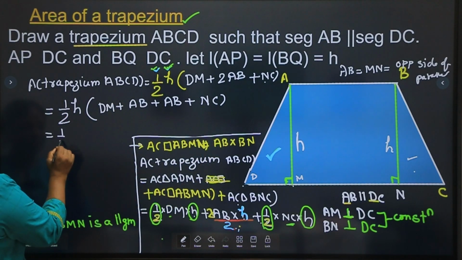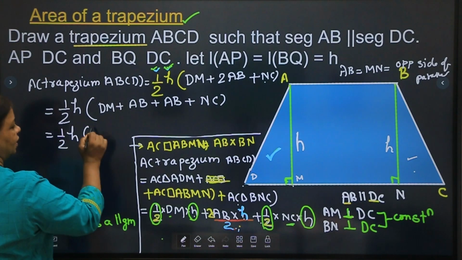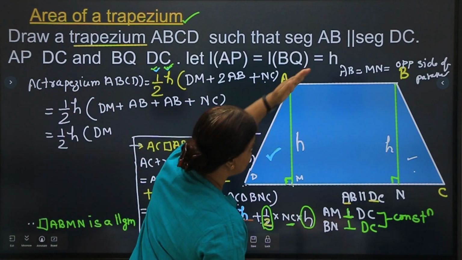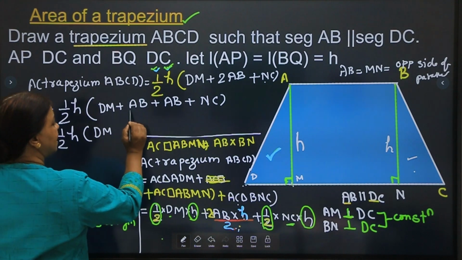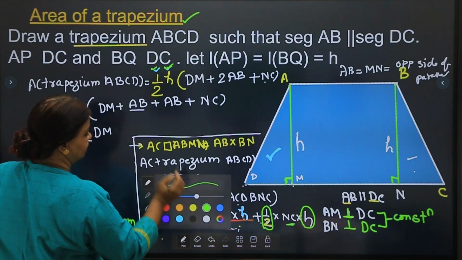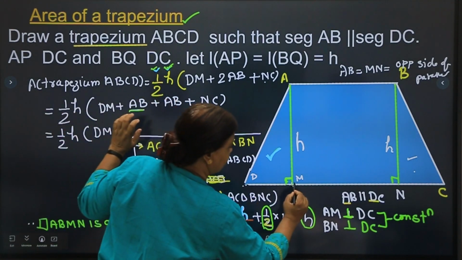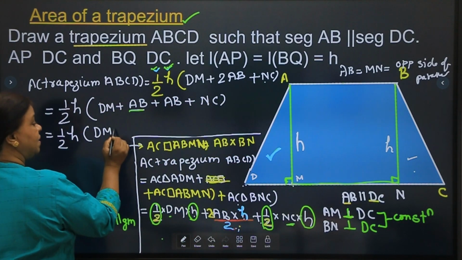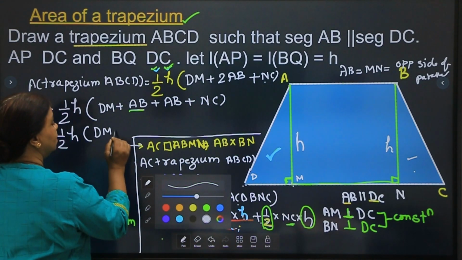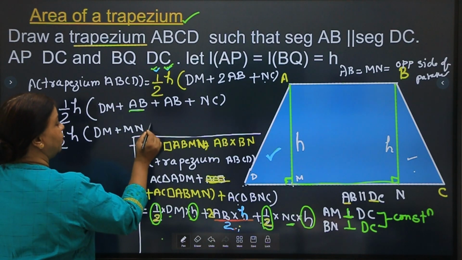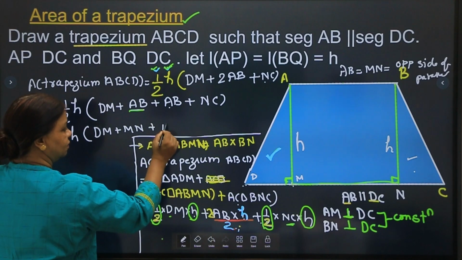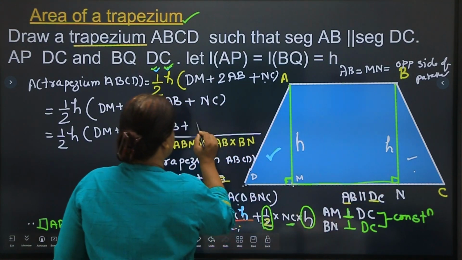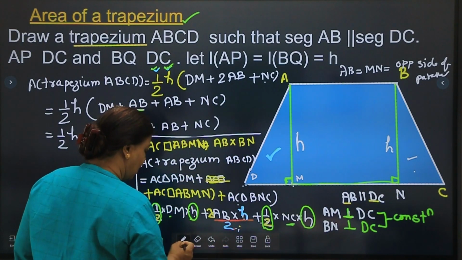Now here, half H, DM is this, and AB is equal to MN. So this AB I can write as MN because AB and MN are equal. So in place of AB I am writing MN, plus AB, plus NC. Bracket close. Now look at this, children.